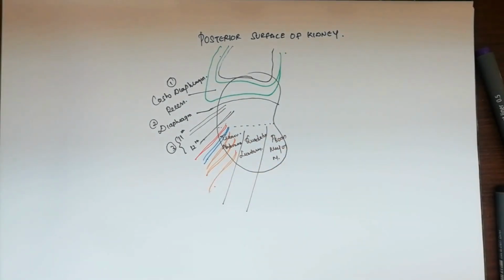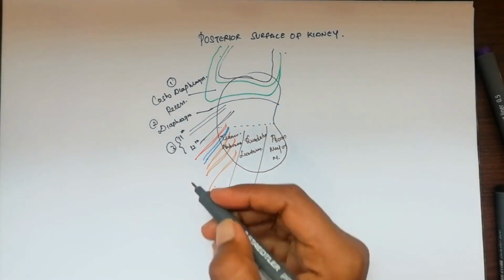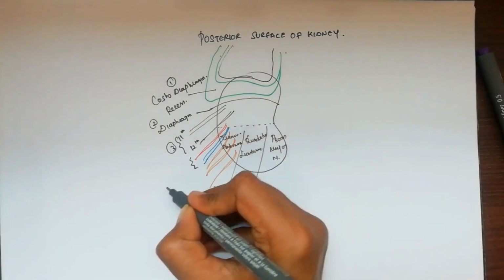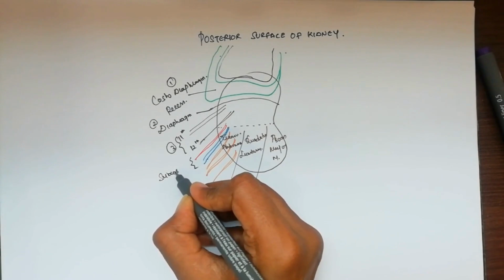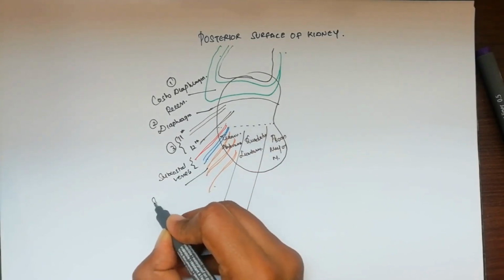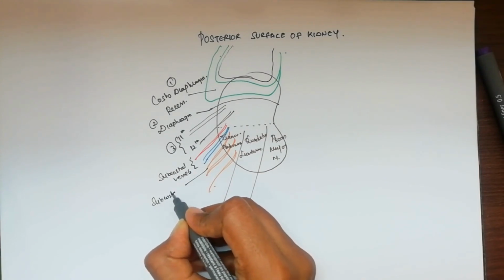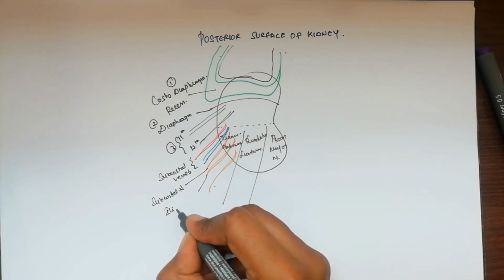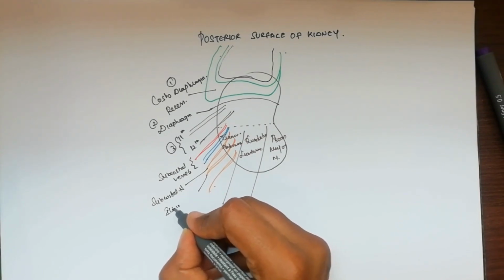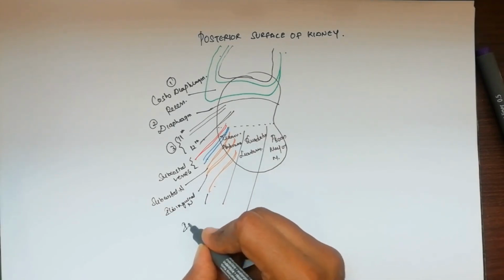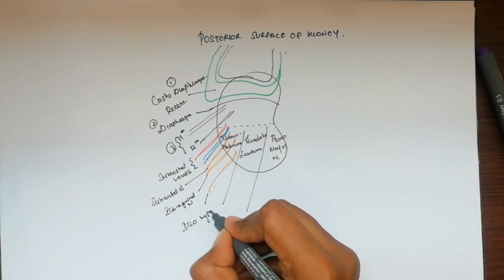So these are the structures related in the lower part, such as, I will summarize again, we have got these two vessels as subcostal vessels, artery and vein, and the nerve is subcostal nerve, and this is ilioinguinal nerve and iliohypogastric nerve.